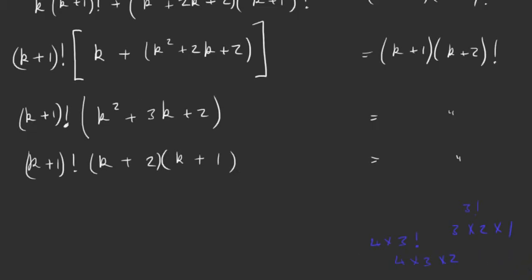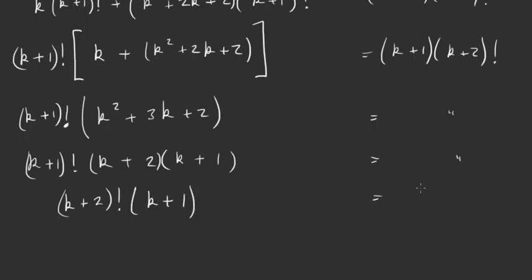Okay, so we're going to do something similar here with our left-hand side. So if you look at this, you've got a (k plus 1) factorial times (k plus 2). But that's just simply (k plus 2) factorial. (k plus 1) factorial is (k plus 1) times k and so on. (k plus 2) times this is just (k plus 2) factorial times (k plus 1).